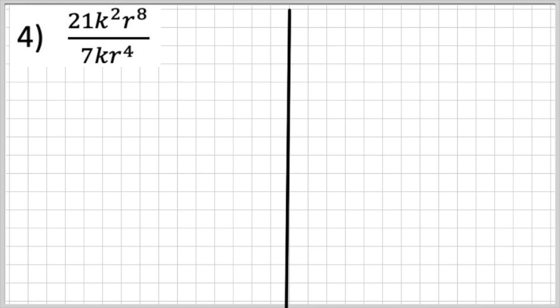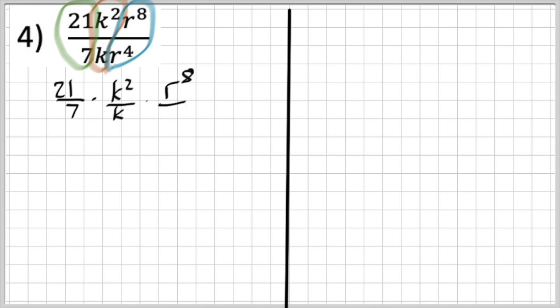Now let's go and try question 4. It's the same as question 3, but instead of multiplication, now I am dividing those numbers. So let's do them separately. The numbers, the k's, and the r's. I'm just going to split them up like that so that life becomes simpler for us when we're working with this.